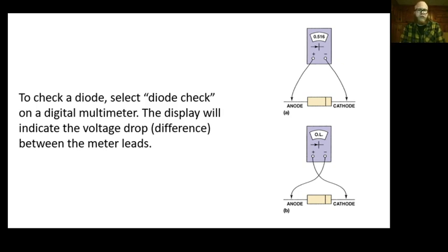When we go to test our diode, we can test it with our diode check function. So you're seeing that here. It's illustrating diode check. In one orientation, when we have it reverse biased, we should see OL, which means outside limits, or over limit, and that just means infinity. Basically, it's more than the meter can display, and the meter can display millions of ohms of resistance, so that's a lot.